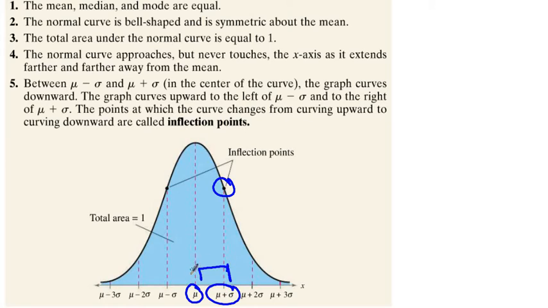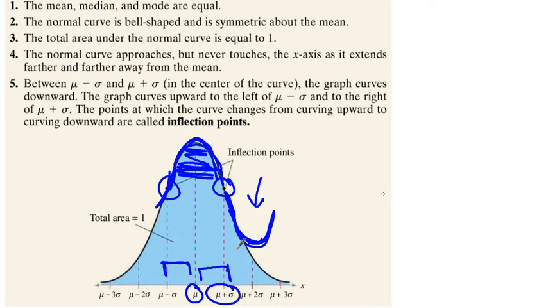That's 1 standard deviation, and there's 1 standard deviation the other way. The inflection point just means where the graph starts to curve. You can picture it like an upside down glass, and right at this point the glass would start to face right side up. So the water would go in this direction versus up here it would go upside down.